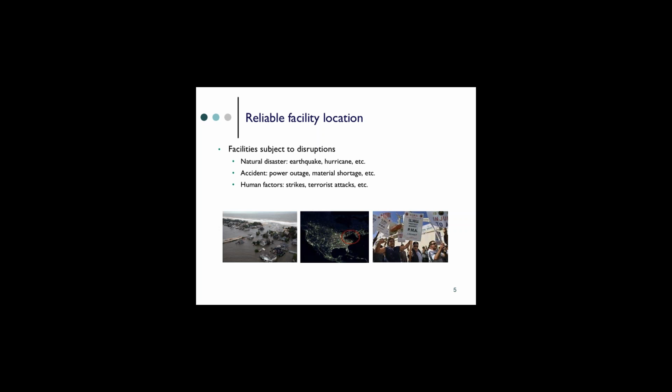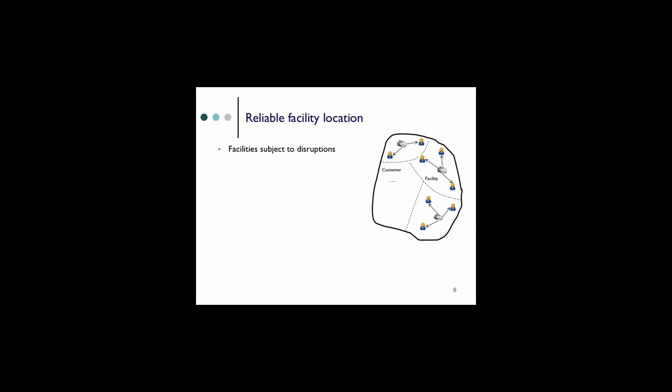So all these three examples show that facility disruptions are quite common in our real-world facility systems. And these possible disruptions will have a huge impact on the facility location design. Intuitively, if this facility is disrupted, it no longer exists in this network, then the customers originally assigned to this facility will have to seek more distant facilities or even lose service.